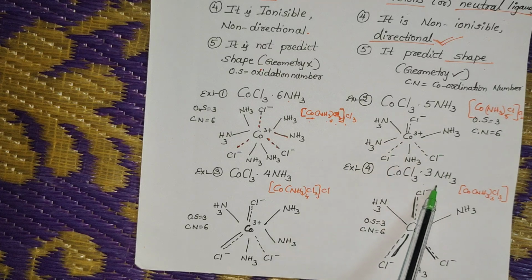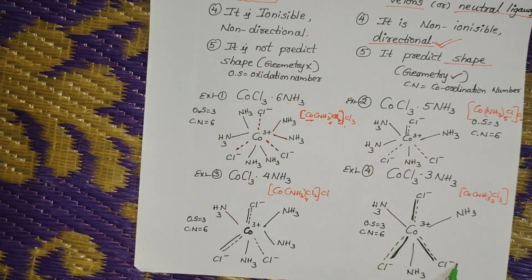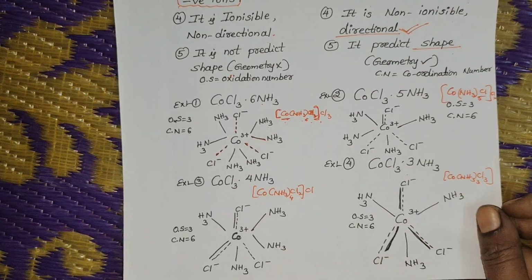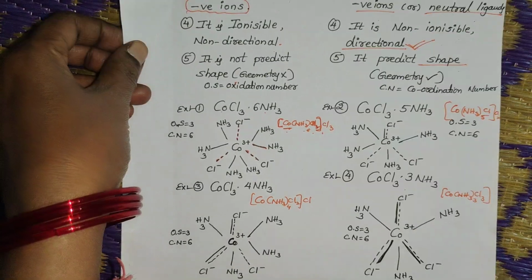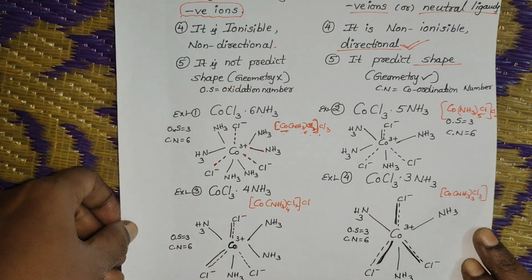Here 3 ammonias are decreased compared to the first structure, that is why these extra duties are taken by these 3 chlorines. Okay, it is only a fast revision, that is why once you check it, beta. But in the external exam you may get any 2, but right now you have to write 4 structures. Okay, prepare it properly.